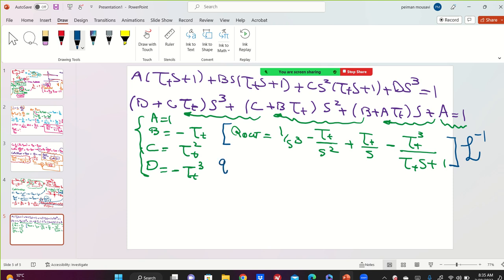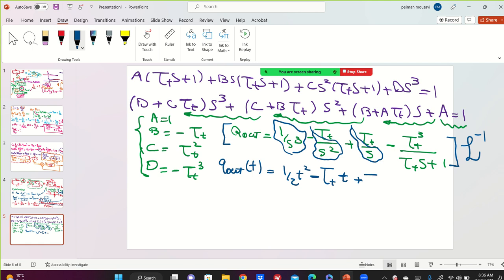So Q out, the outlet flow rate of the tank in time, with parabolic input to the system, is going to be ramp, as we know, minus tau T in ramp T. This is going to be unit step, as we did before, plus tau T squared as it is.